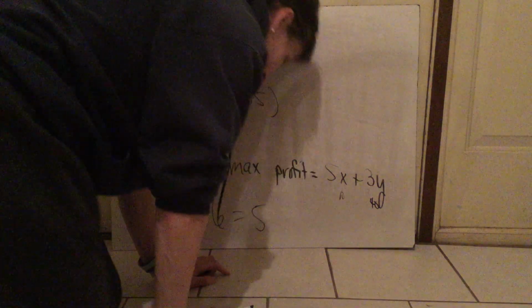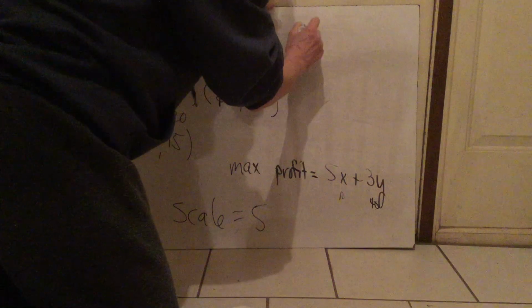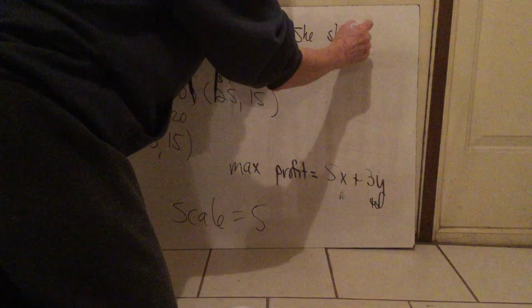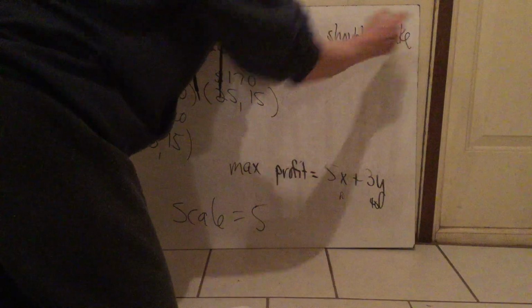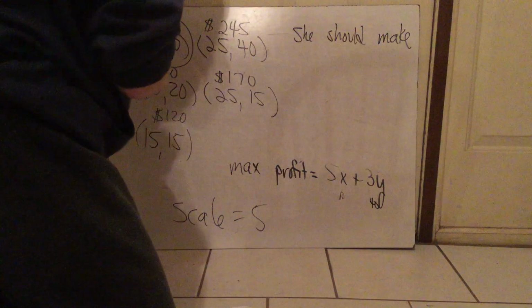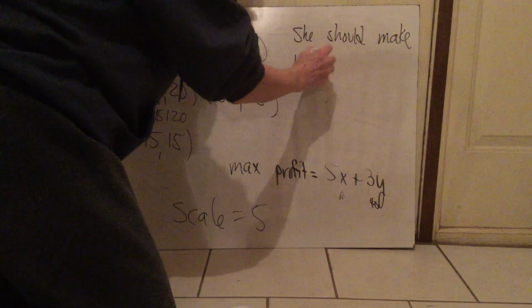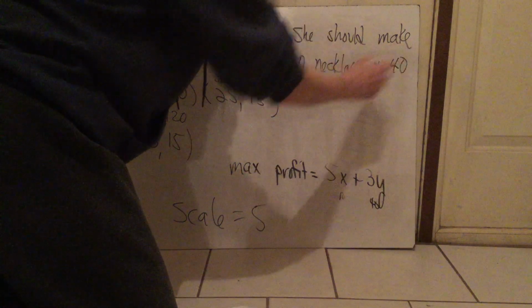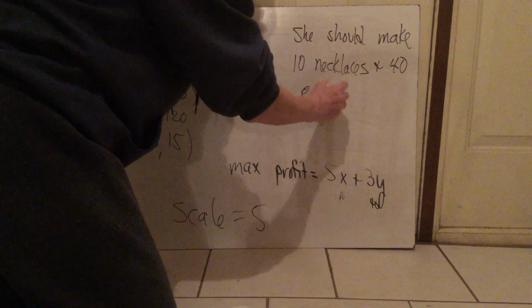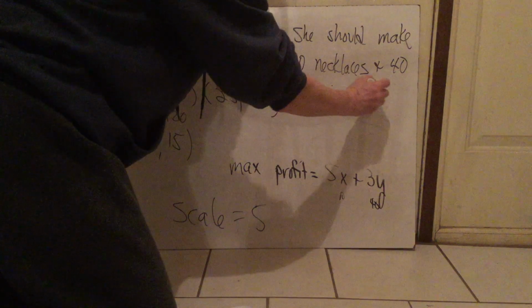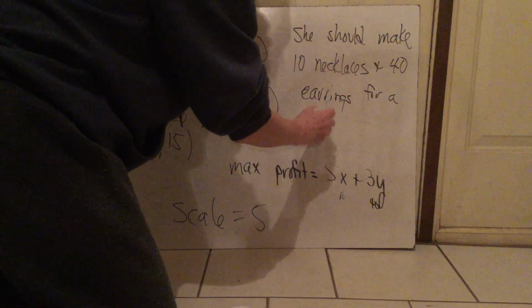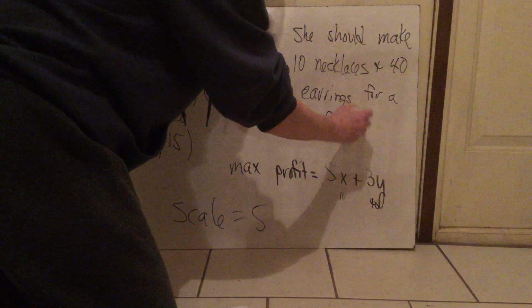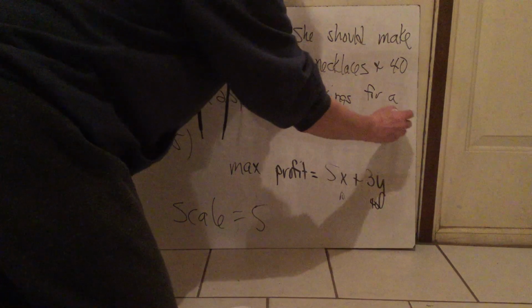So she should make 10 necklaces, I think that was X, and 40 earrings for a profit of $270.